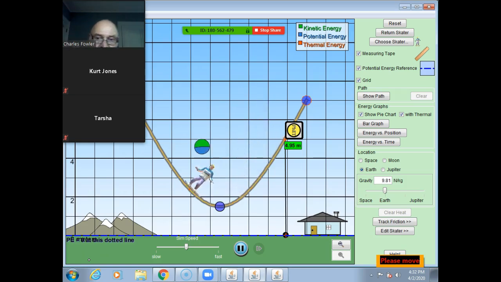Okay? If you write this down, kinetic energy equals 1/2 mv squared. Write that down. KE equals 1/2 mv squared. On the line just above that, you recorded the kinetic energy at the bottom, right?